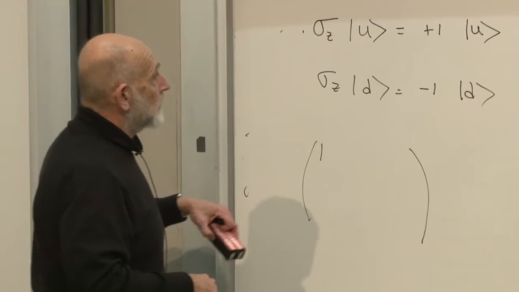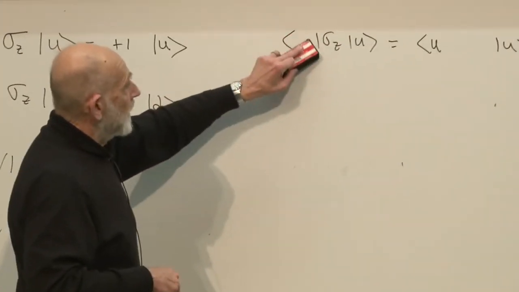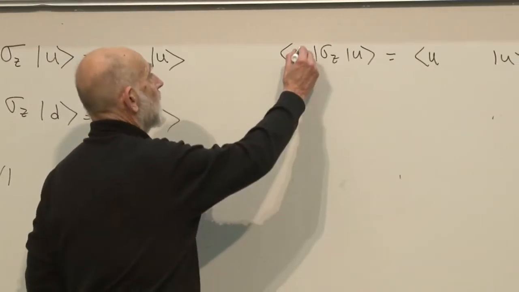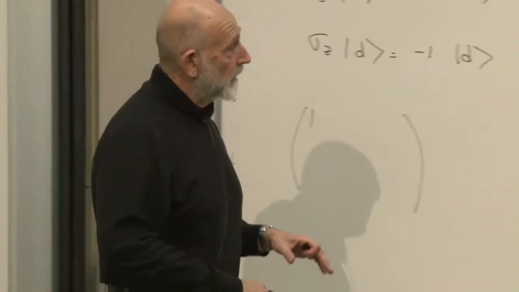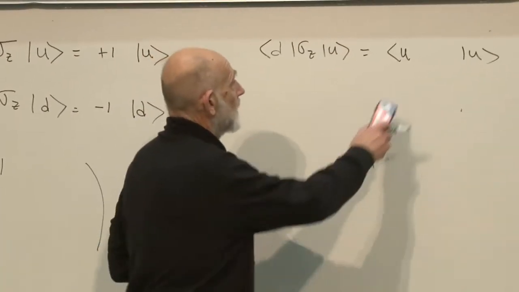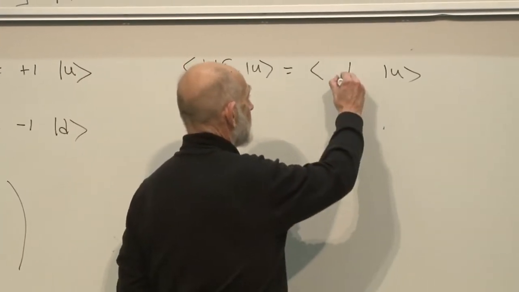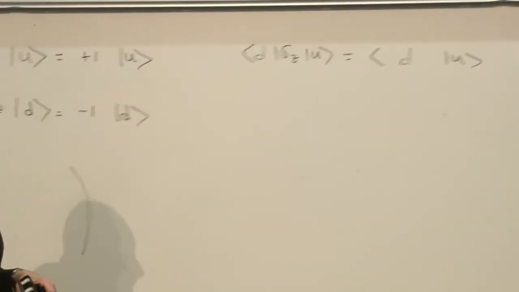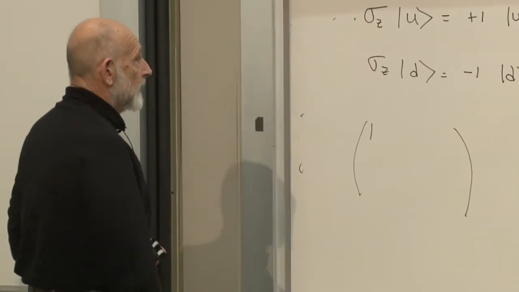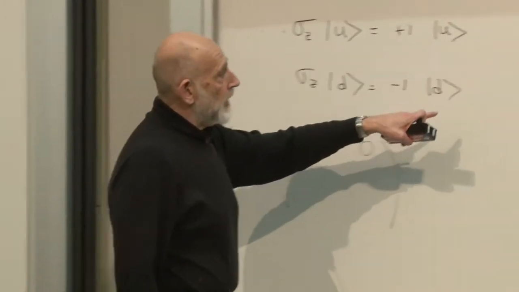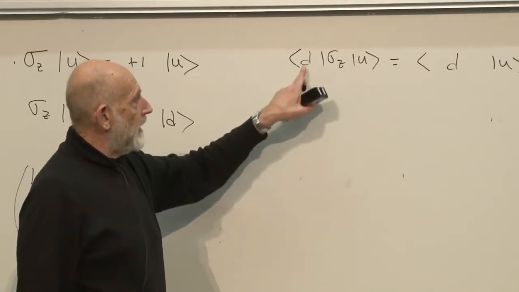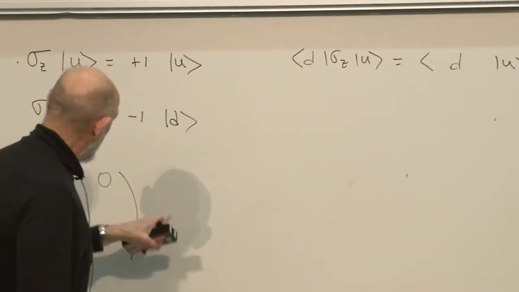Now, what about the off-diagonal element? That's going to be equal to the inner product of down with up. What's that? All right, 0. I would get exactly the same thing if I put down over here and up over here. Then I would use this equation.